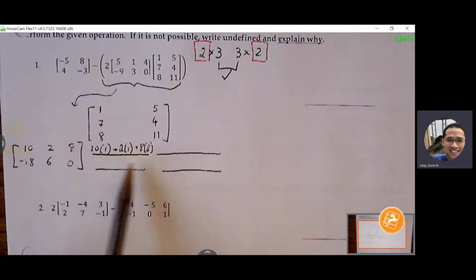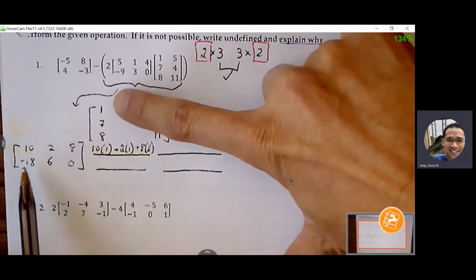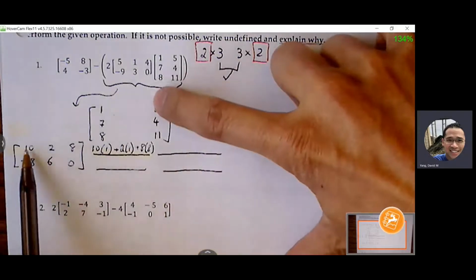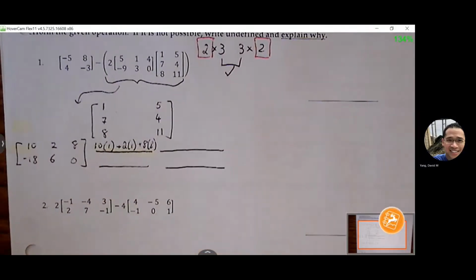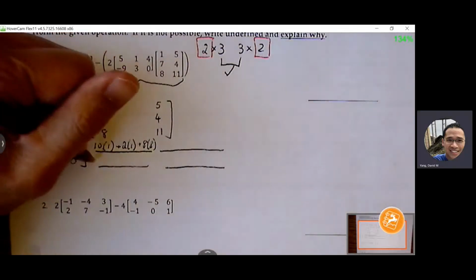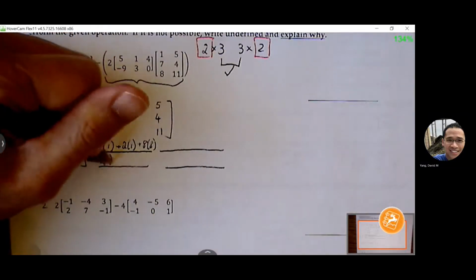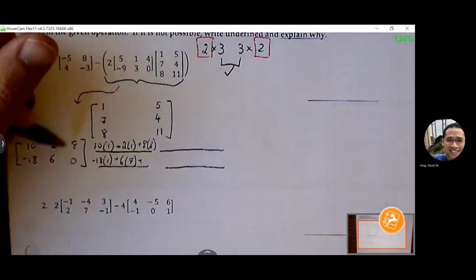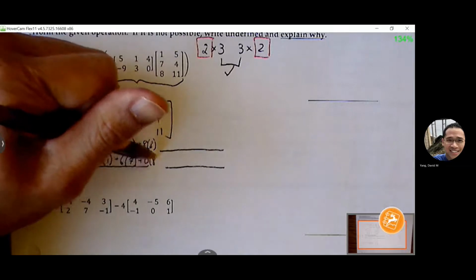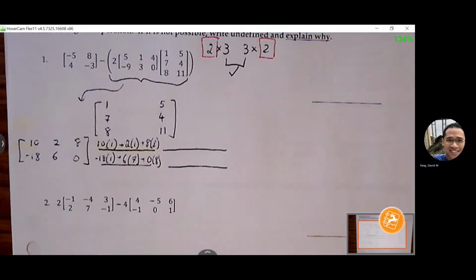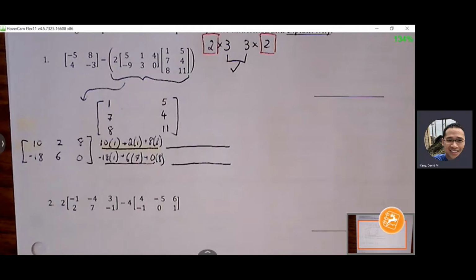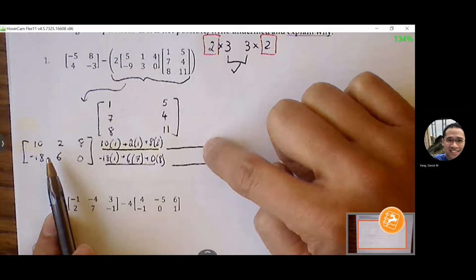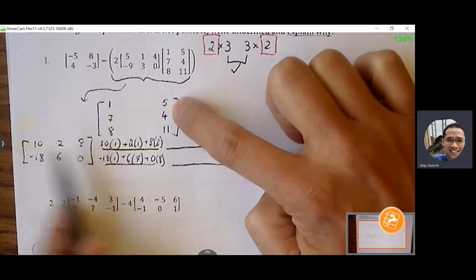This is located second row, first column. So you're going to be pairing these numbers together. Okay. This space is first row, second column.